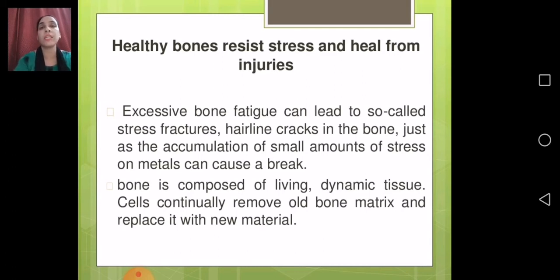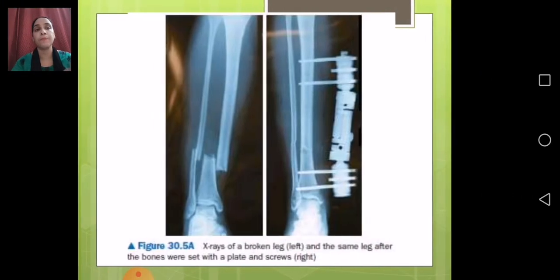If it is not going to work fine, it will be replaced with new material which is forming. So bone is composed of living dynamic tissues; cells continually remove old bone matrix and replace it with new material.